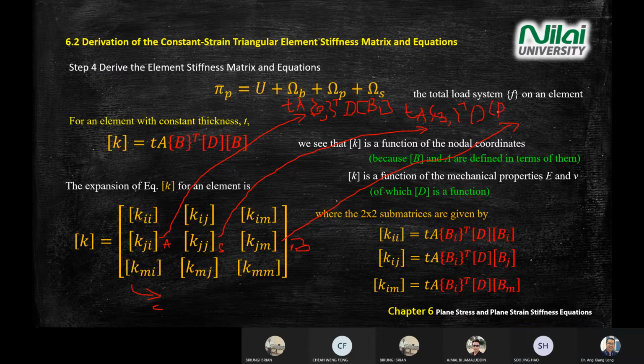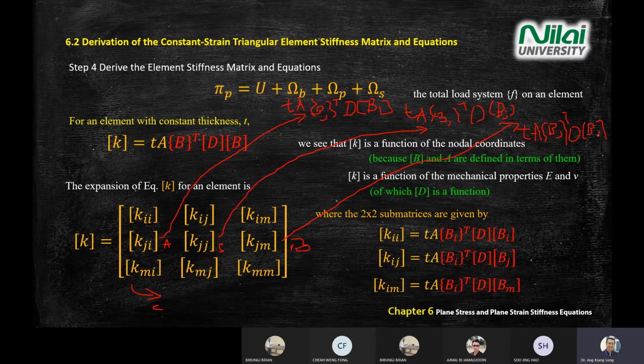Brian, how to get this? How do you get this matrix? T, A, and then BJ transpose D, and then BM.